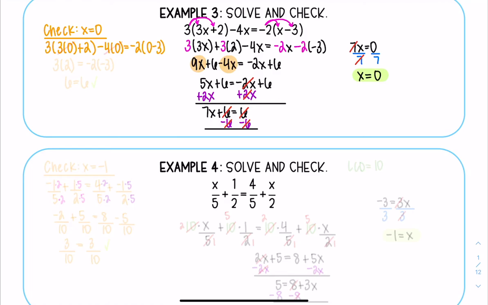Well, inside the parentheses, 3 times 0 is going to go away. Negative 4 times 0 is going to go away. And so we've got 3 times 2 equals negative 2, and 0 minus 3 is just negative 3. So on the left we have 6, and negative 2 times negative 3 is also positive 6. So that solution checks out.